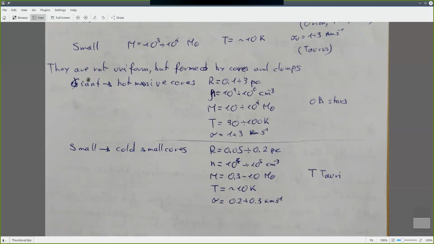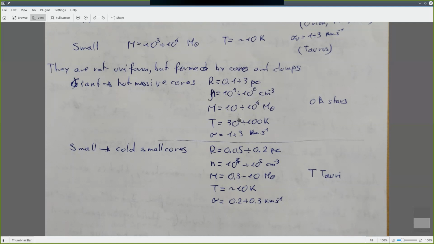The clouds are not uniform, you can find cores and clumps inside. The giants usually have hot massive cores with a radius of around a parsec, numerical density of 10 to the 4 to 10 to the 6 particles per cubic centimeter. Mass of these cores and clumps is around 10 to the 4 solar masses.